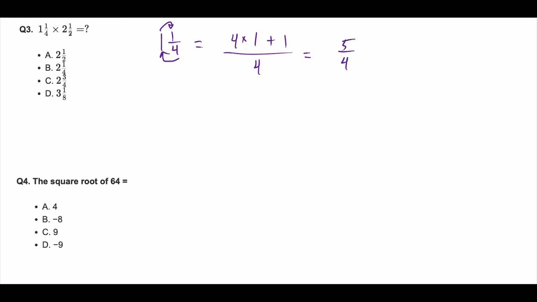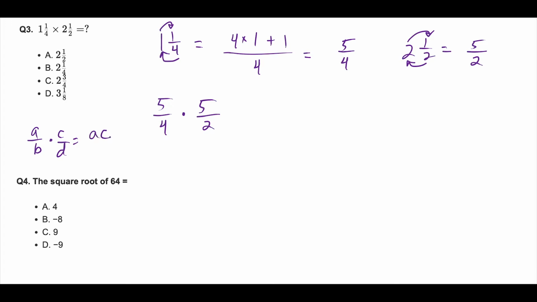If you go through the same process with 2 1/2, we have 2 times 2 is 4, plus 1 is 5, and then we're dividing by the original denominator 2. So what we're really multiplying here is 5 over 4 times 5 over 2. When you multiply fractions together, anytime you have something like a over b times c over d, just make sure you're multiplying the numerators and dividing by the product of the denominators.